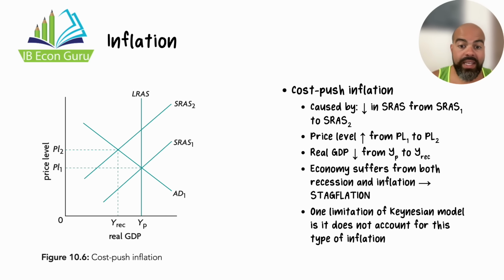In the 1970s, when there were higher energy prices across the whole world because of wars in the Middle East and so on, there was a lot of stagflation, and Keynesian economists didn't really know how to handle or explain this kind of inflation. That is one limitation of the Keynesian model. That's why you can only see here the monetarist neoclassical model representing cost push inflation.